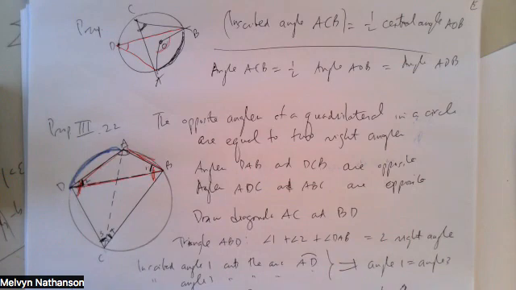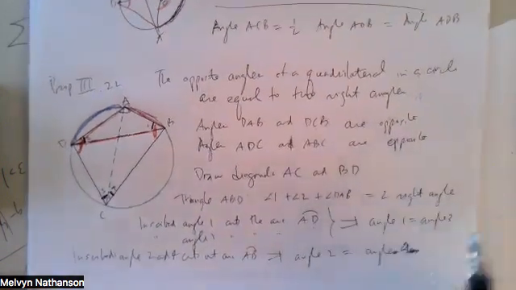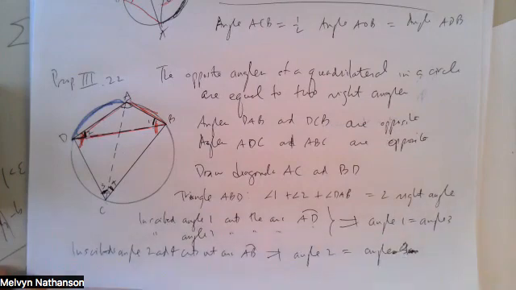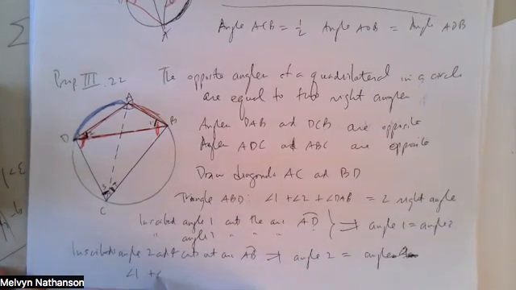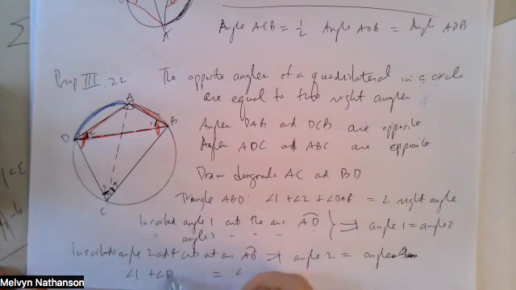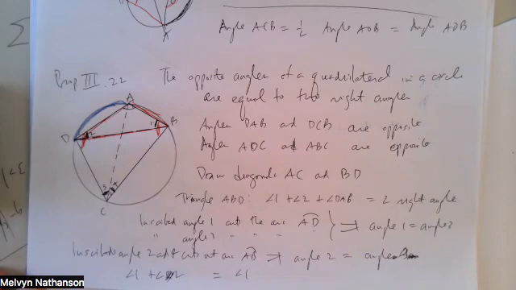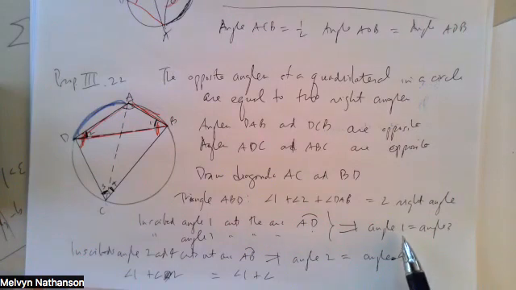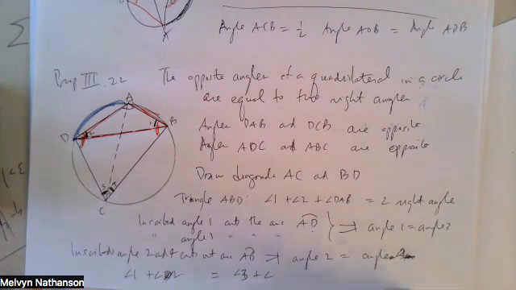So angle 1 equals angle 3. Angle 2 equals angle 4. So angle 1 plus angle 2 equals angle 3 plus angle 4, right?